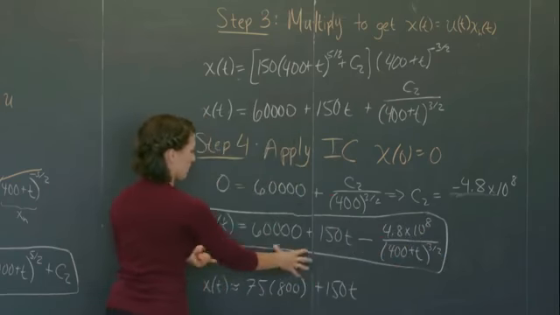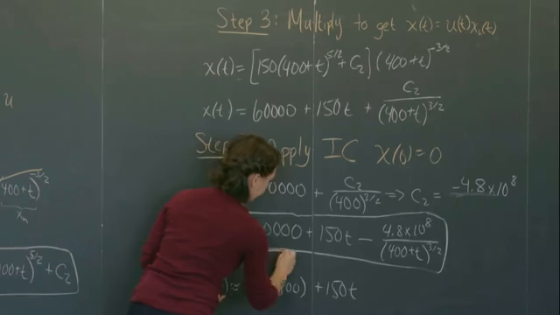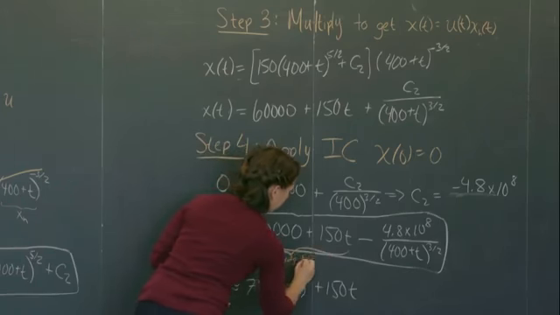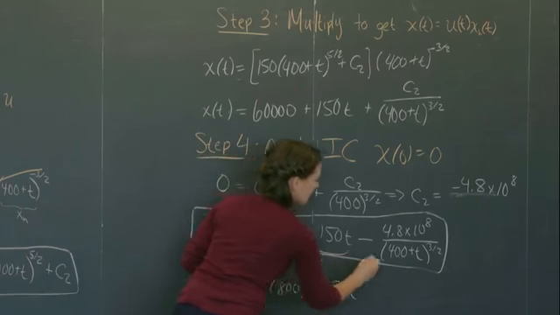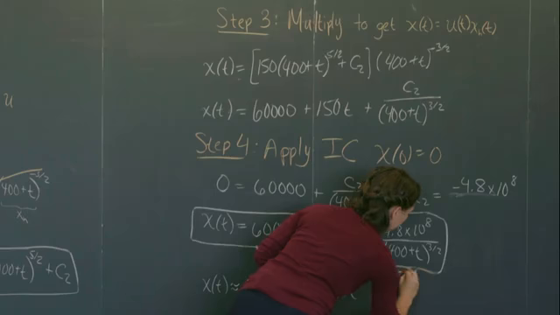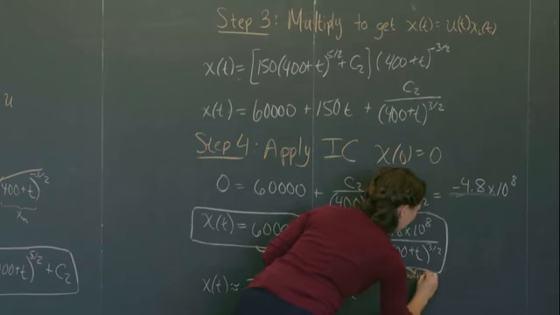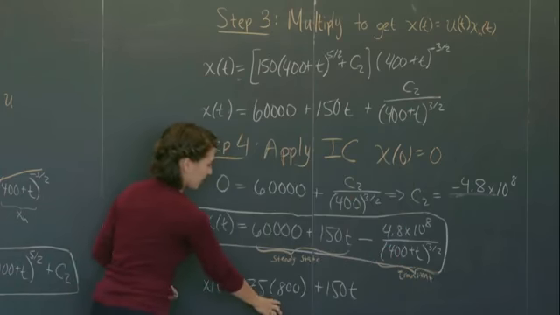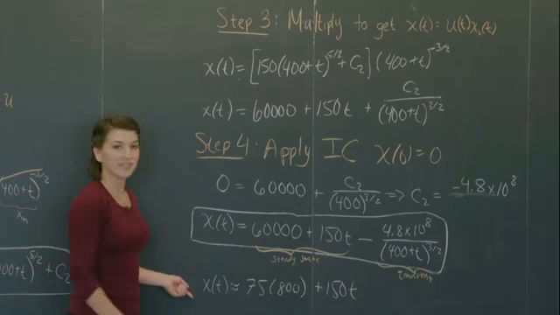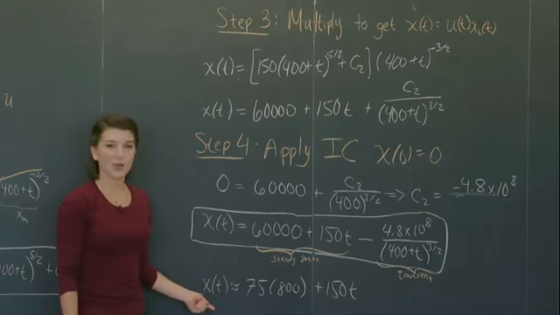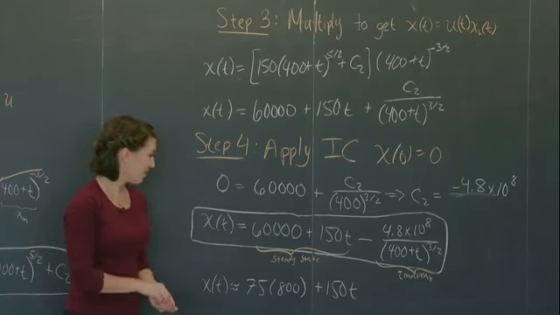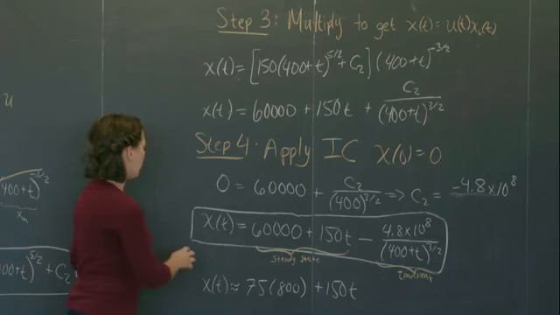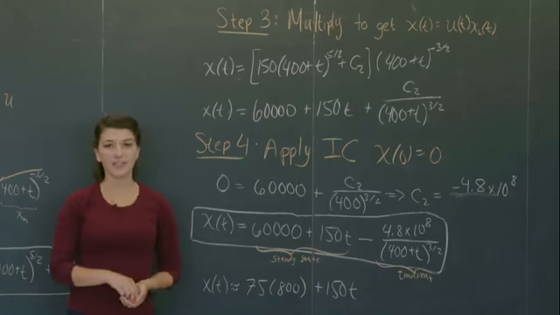That means that after a long time, we'll be left with this, the steady state solution, and this is called the transient. But if you carry out this multiplication, you'll see that we correctly predicted the steady state solution in our long time prediction. So now we've found the explicit expression for the amount of salt in the tank.